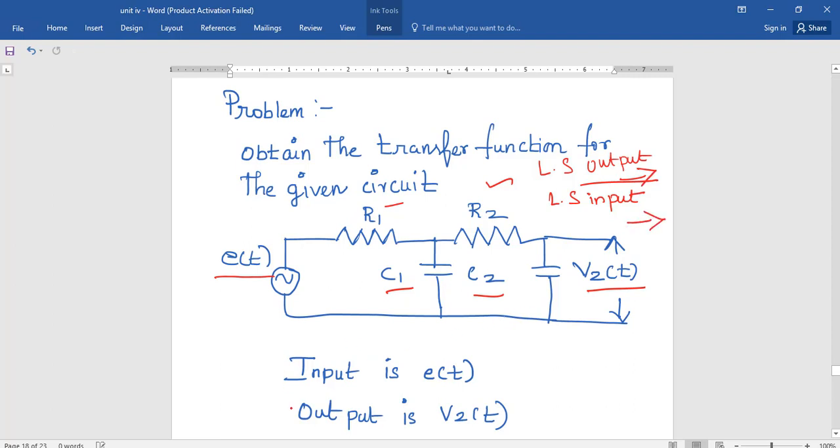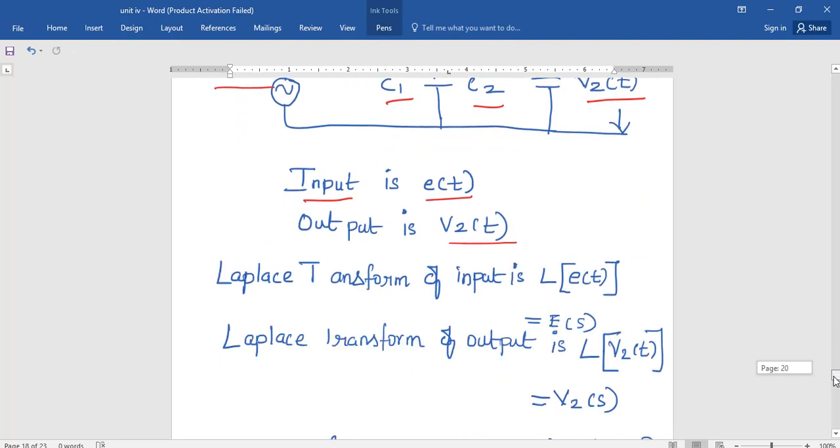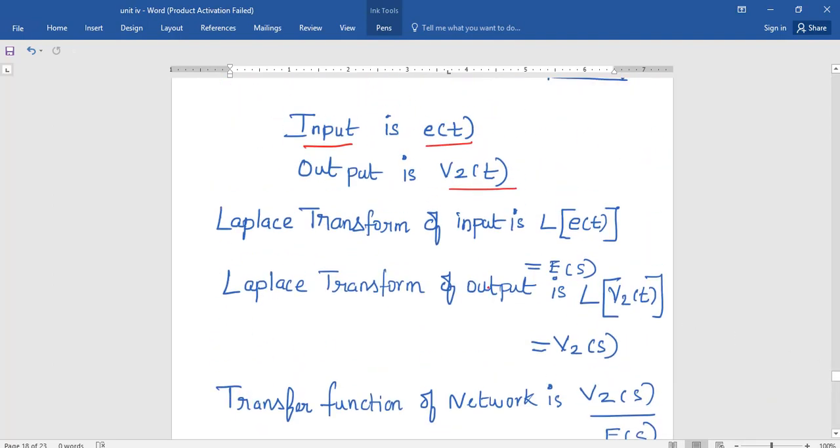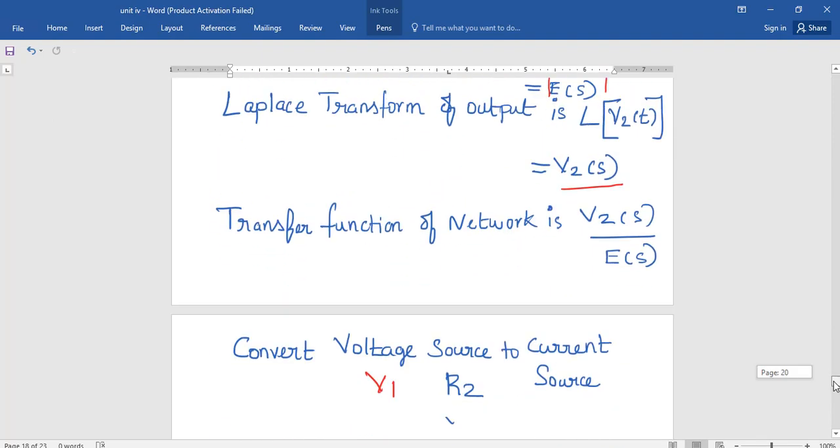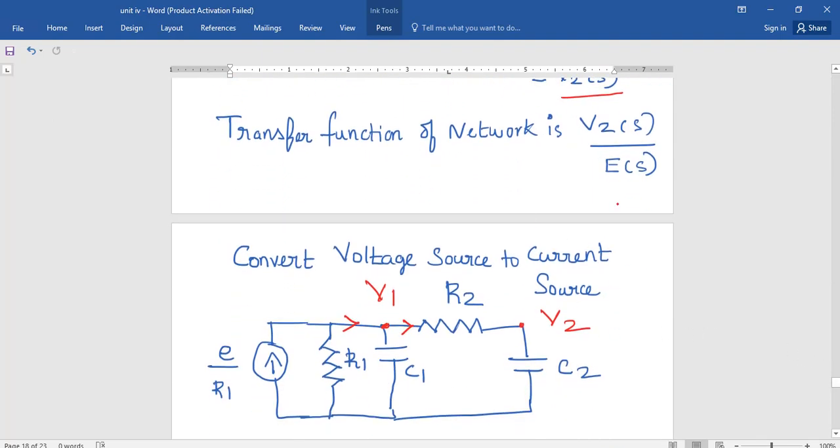In the circuit, the input is e of t, and the output is v2 of t. The Laplace transform of the input is L of e of t, which is E of s, and the Laplace transform of the output is L of v2 of t, which is V2 of s. Transfer function is the Laplace transform of output by input, that is V2 of s by E of s. So this is the transfer function of the network.